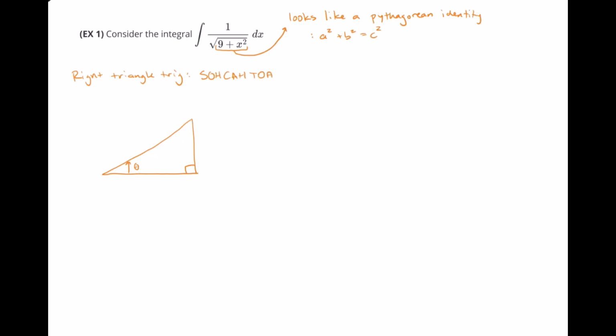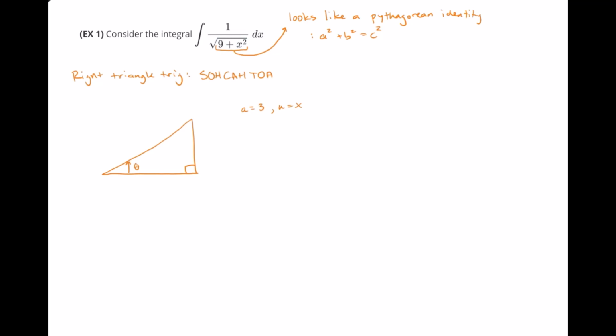We're kind of doing the same thing here. If I take those values and basically say that a is equal to 3 and u is equal to x in the same way. So this is square root of 9 and square root of x squared, that is.